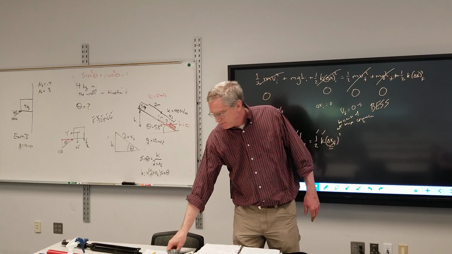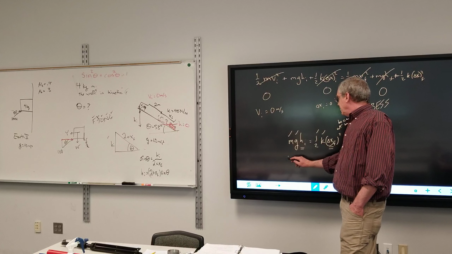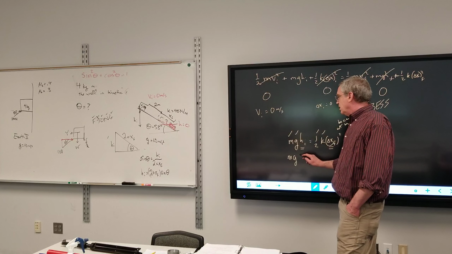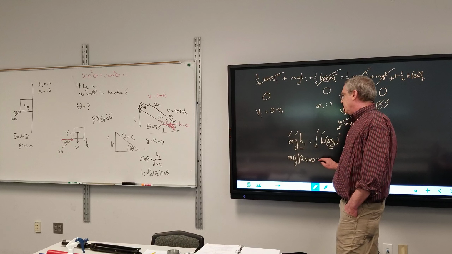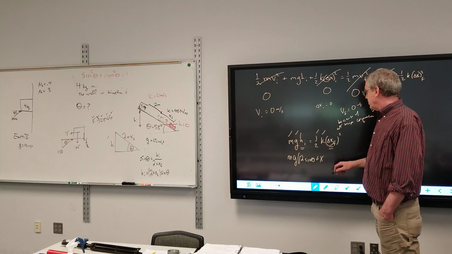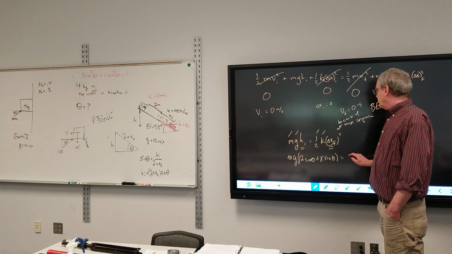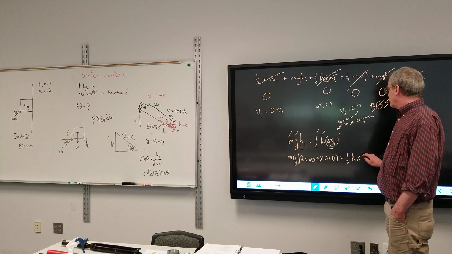We now have enough to solve. So we end up with mg times (2 plus x) sine theta. I'm just going to reduce it down to just x instead of having to keep writing the subscript. So mg(2 + x) sine theta is equal to 1/2 kx squared.